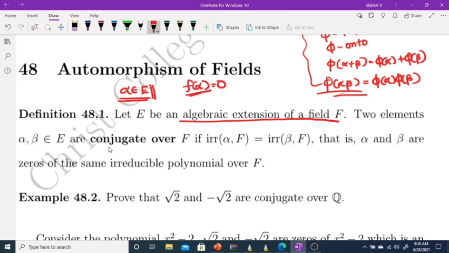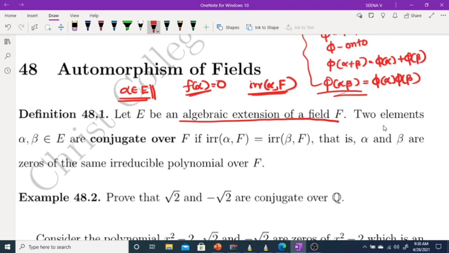In that case, there exists an irreducible polynomial, the irreducible polynomial of alpha over F. This you already know. So, let E be an algebraic extension of the field F.